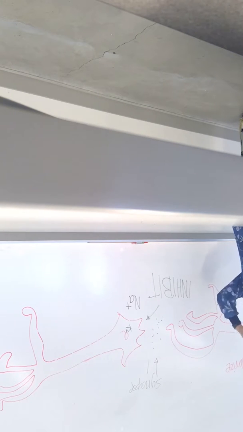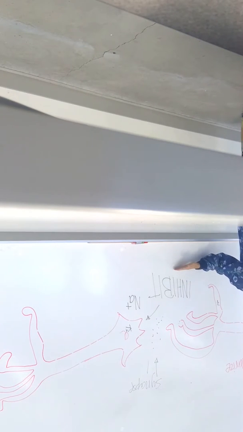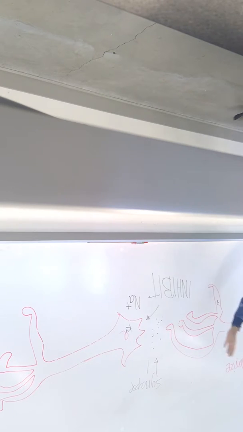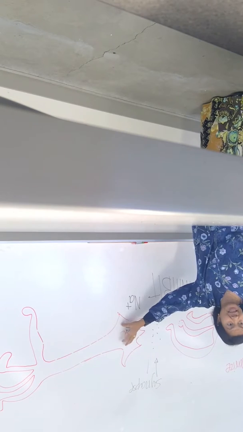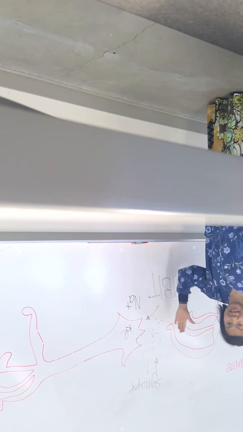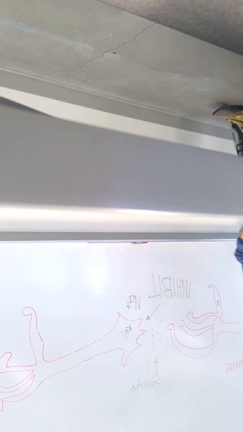That's less negative, right? That's an excitatory neurotransmitter. If it's an inhibitory neurotransmitter, it will go the other direction. From minus 70, minus 71, minus 72, more negative. If it's more negative here, it's harder to stimulate this one. And that's the job of an inhibitory neurotransmitter.